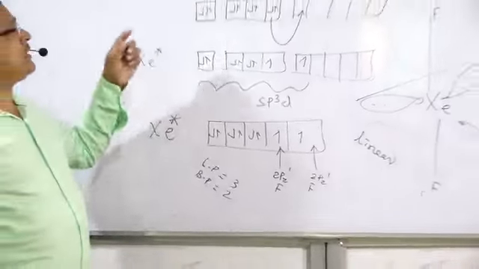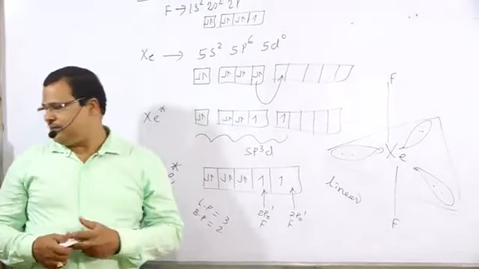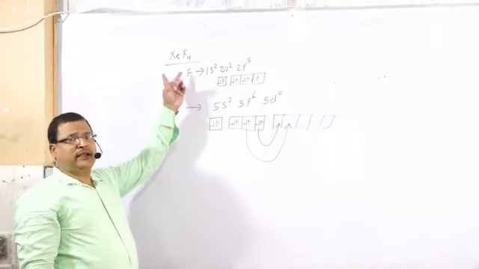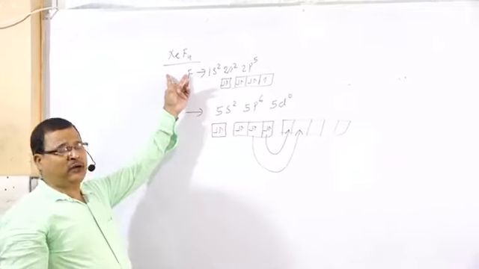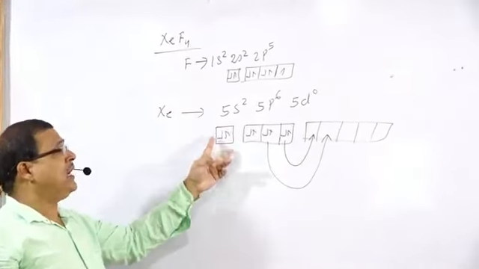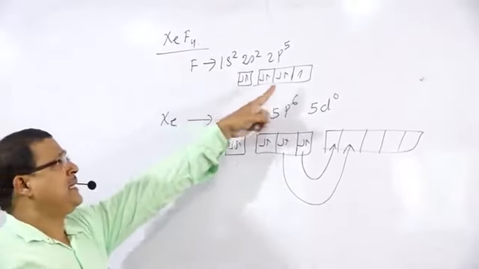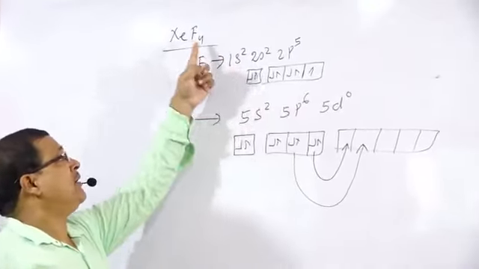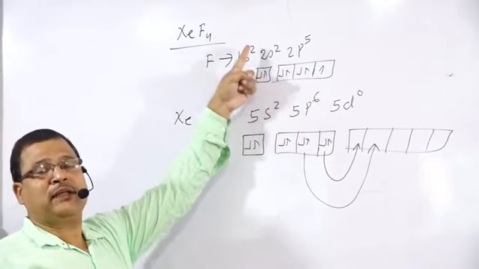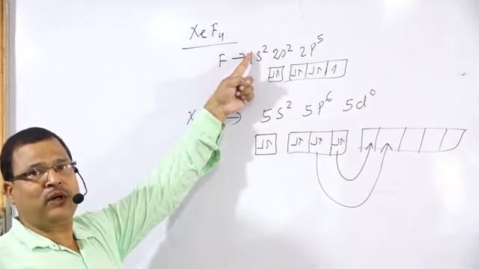Next we go to xenon tetrafluoride: how it is formed, what the hybridization is, and what the structure is. Fluorine has 1 unpaired electron and can form 1 bond. There are 4 fluorine atoms, so 4 bonds.